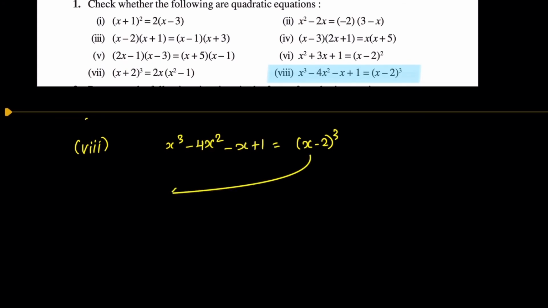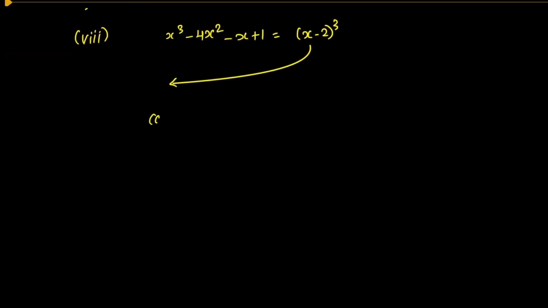Question number 8. x cube minus 4x square minus x plus 1 is equal to (x minus 2) whole cube. Now we just compare with the (a minus b) whole cube formula. So (a minus b) whole cube is equal to a cube minus b cube plus 3ab square minus 3a square b.